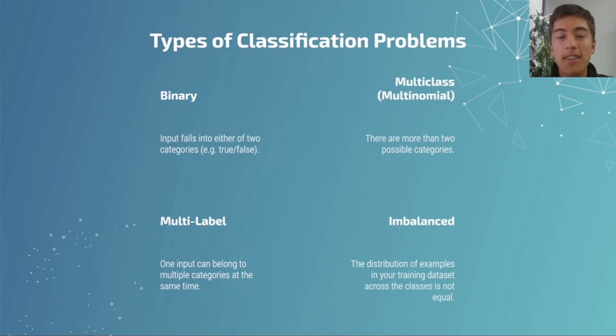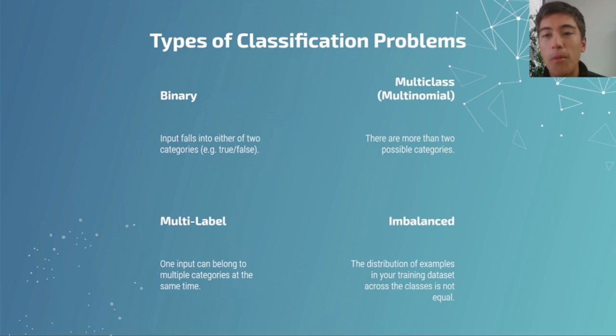And then finally, there's imbalanced data sets, in which your training data is imbalanced. For example, if I was trying to train a machine learning model to distinguish 4-leaf clovers from 3-leaf clovers, but in the training data I only give 20% of my samples as 4-leaf clovers and 80% as 3-leaf clovers, there's going to be a bias towards choosing 3-leaf clovers.